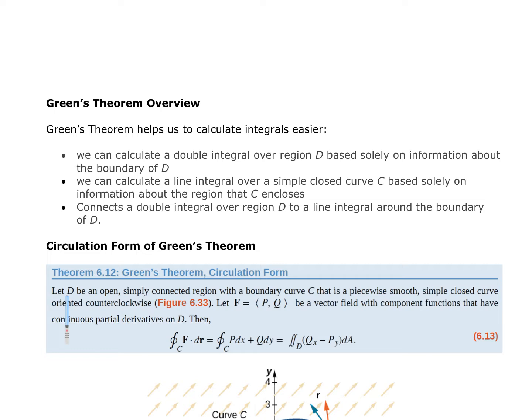Well, let D be an open, simply connected region with a boundary curve C that is a piecewise smooth, simple closed curve oriented counterclockwise.